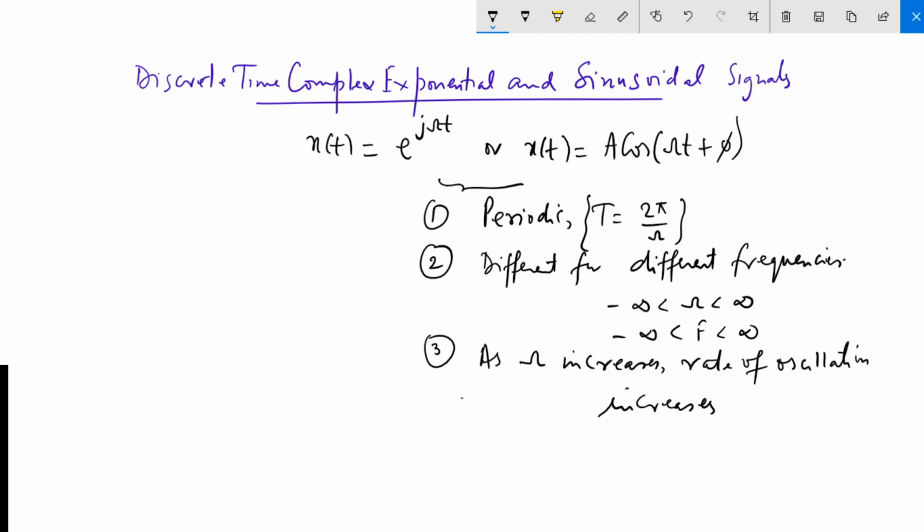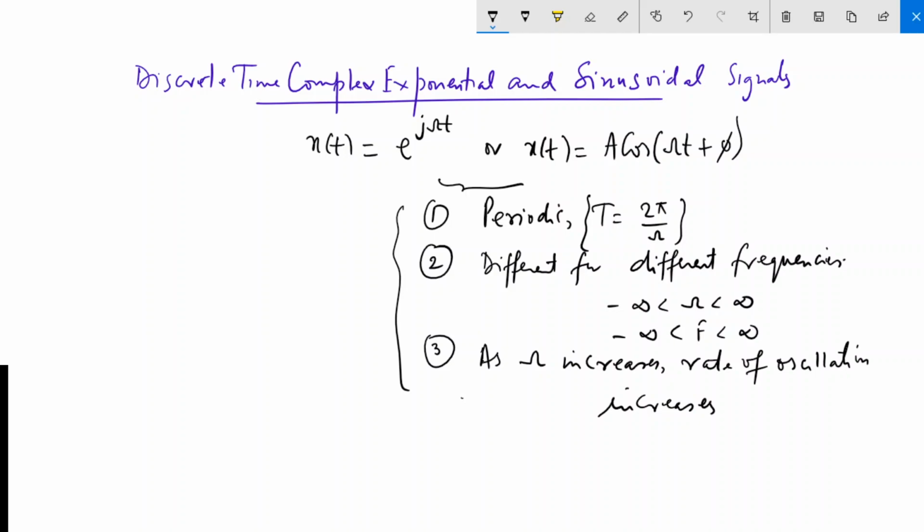Okay, welcome again to this lecture series. In the previous lecture, we discussed continuous time complex exponentials and sinusoidal functions. We have seen that these two signals, e raised to power j omega t or A cos(omega t plus phi), have two major properties.